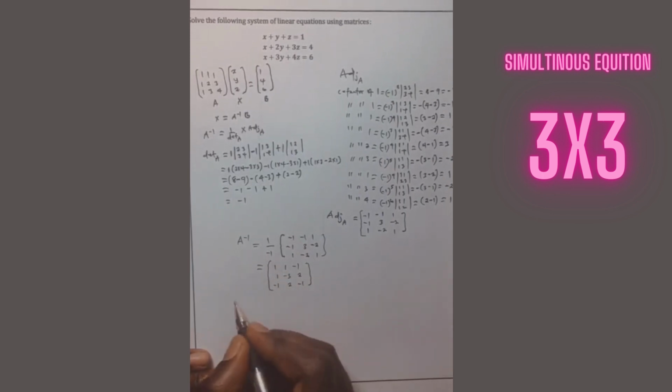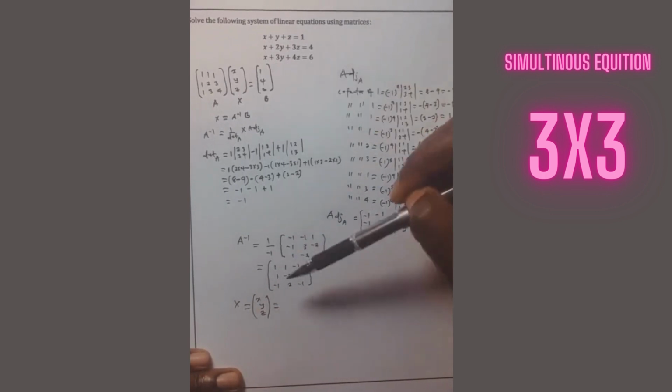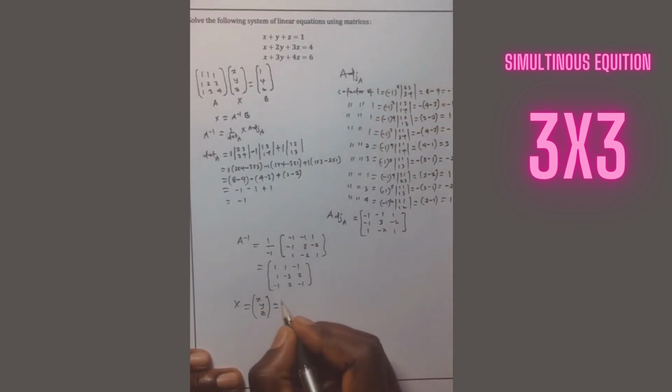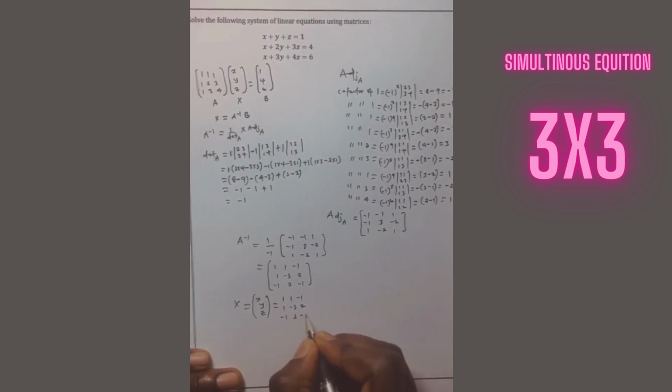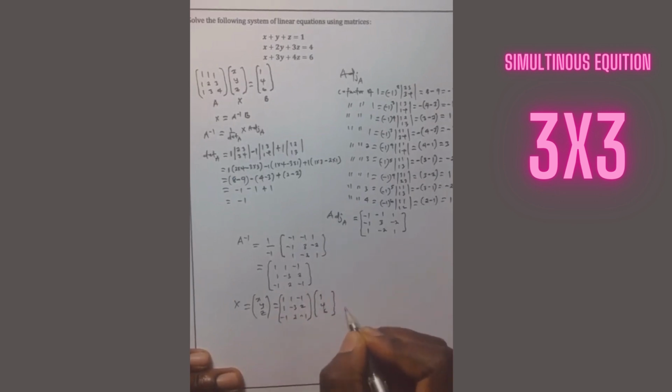So for us to get X, which is x, y, z, we're going to pre-multiply the matrix B by this inverse that we have. So we have 1, 1, negative 1, 1, negative 3, 2, negative 1, 2, negative 1, times 1, 4, 6.